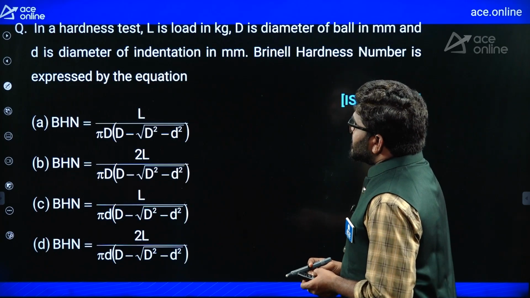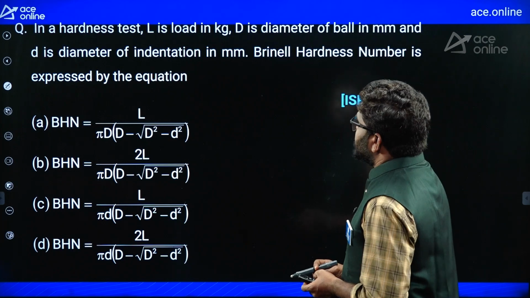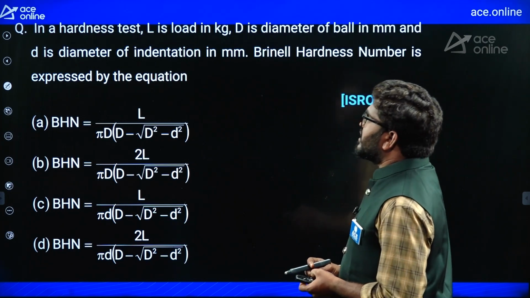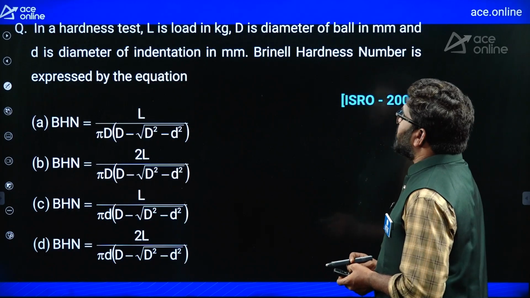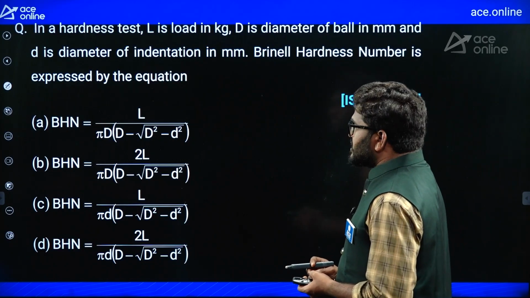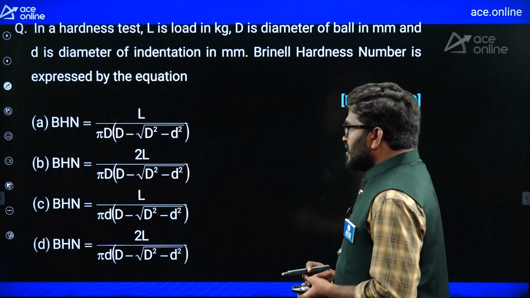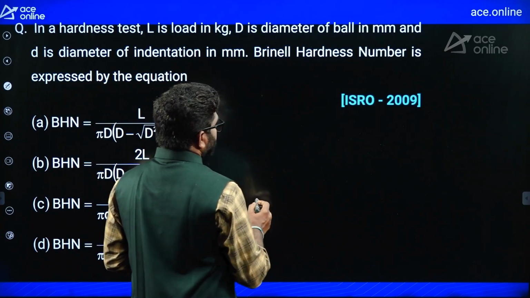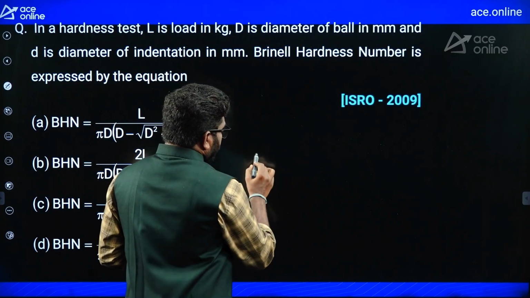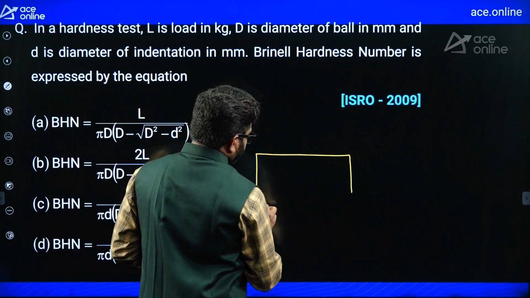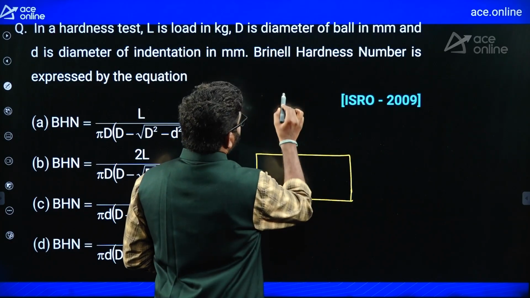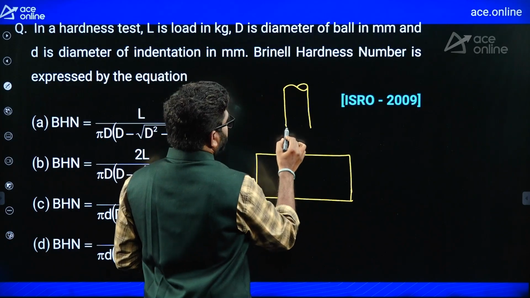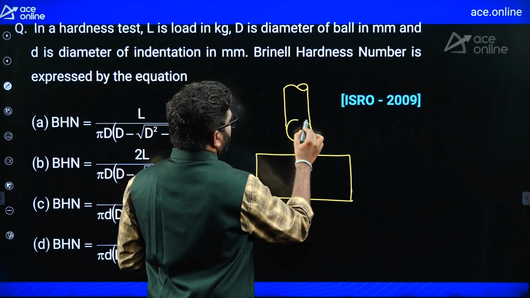In a hardness test, L is the load in kg, D is the diameter of the ball in mm, and small d is the diameter of indentation in mm. Brinell hardness number. Remember, in the Brinell hardness test, suppose this is a workpiece, this is a mandrel, and at the bottom of the mandrel, this is an indenter tool.